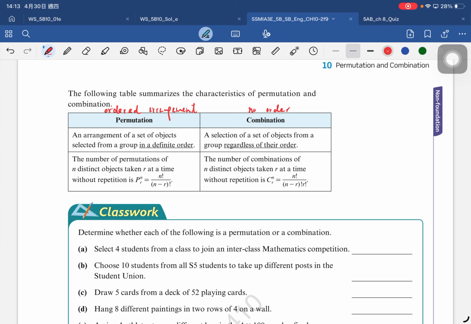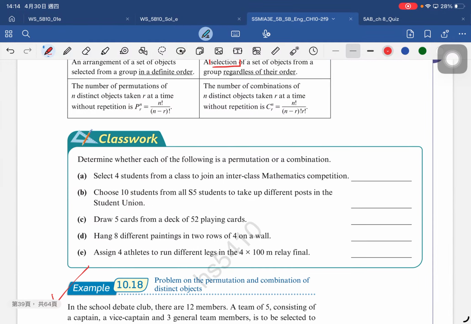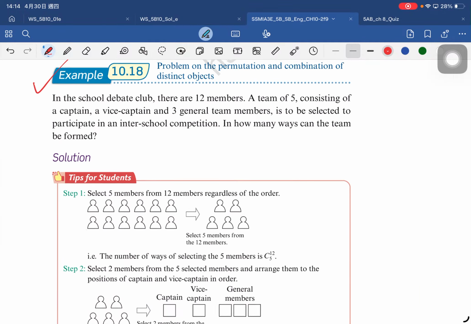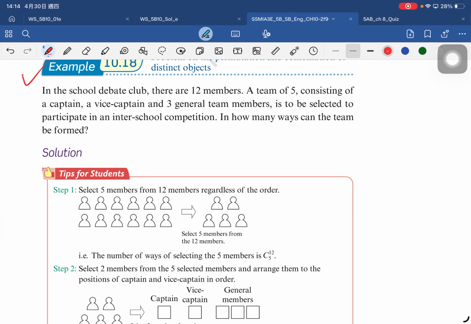So if we just use the word select, this must be just the number of combinations. How about the other one? If the keyword we use is arrange, of course there's the order. So you can find the example. Now, in this question, it involves both cases. Alright, so let's continue. In a school debate club, there are 12 members, and a team of 5 consists of 1 captain, 1 vice captain, and 3 team members.